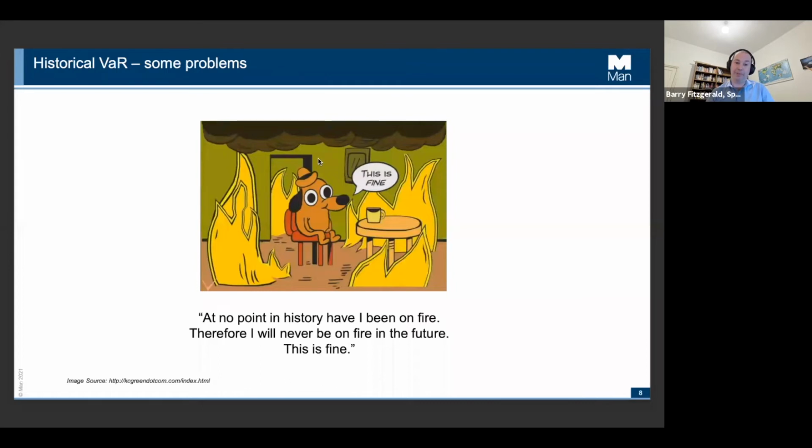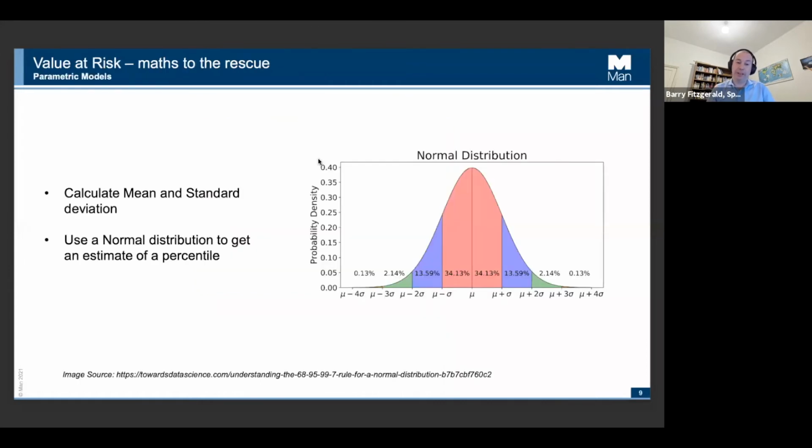So one way of doing this is quite standard. You would fit your historic returns to a normal distribution, calculating the mean and standard deviation, and you can start calculating, analytically, what the percentile chance of things are. At the moment, I think we have 126 people in this video conference.